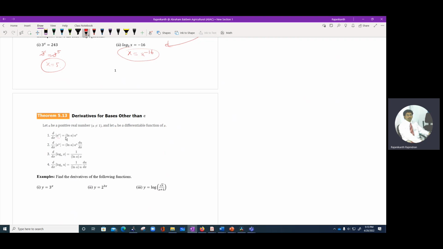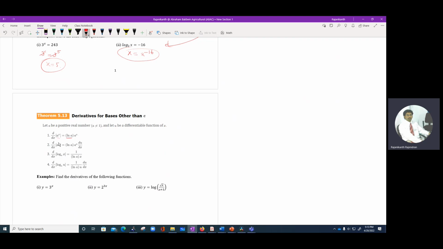So the derivative of a to the power x is nothing but a to the power x, like e to the power x, but you see some extra factor here, that is ln a. So hereafter, if you see any derivative with the power x and base a, that is nothing but a to the power x times ln a, or ln a times a to the power x.